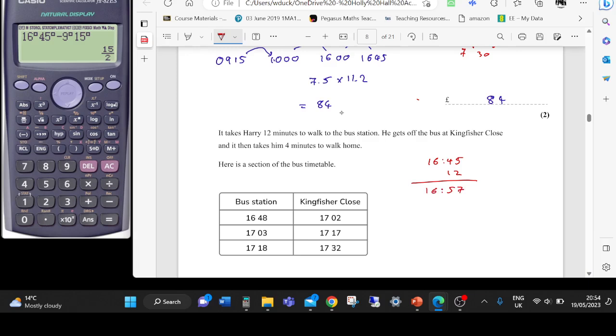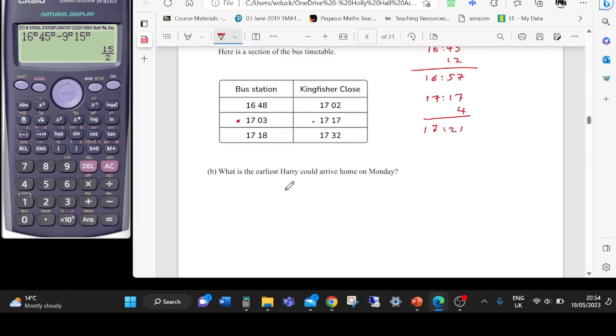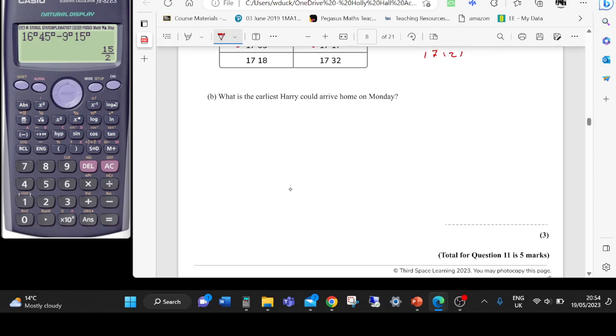So the earliest bus that he can catch is this one. So he would get to Kingfisher Close at 17:17, and then he has to walk home, which takes 4 minutes. So the earliest he can get home is 17:21.